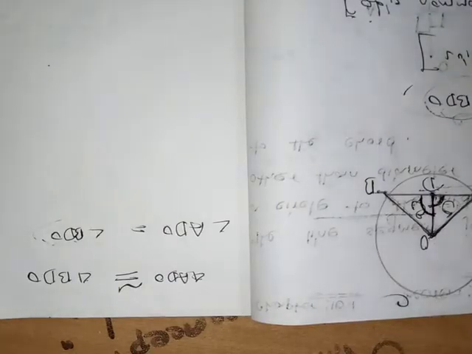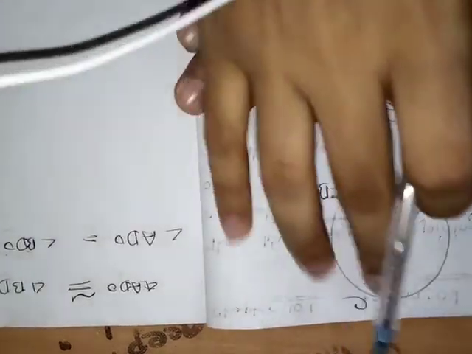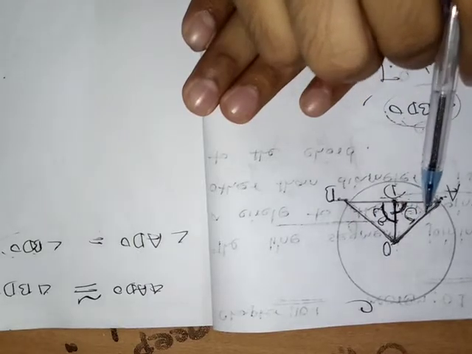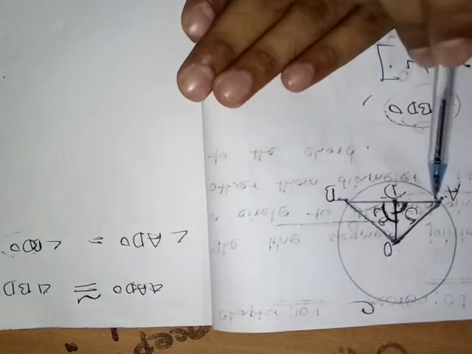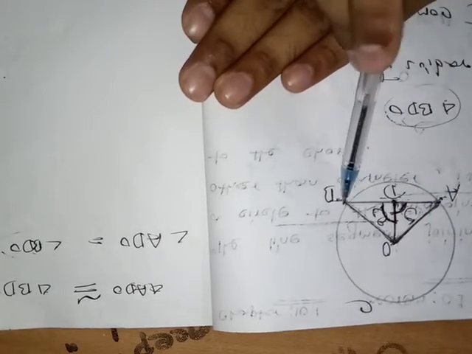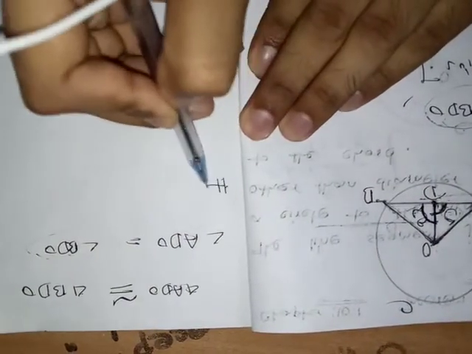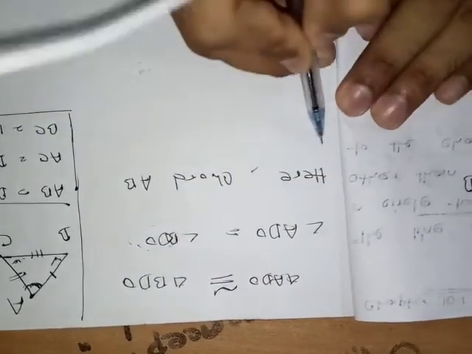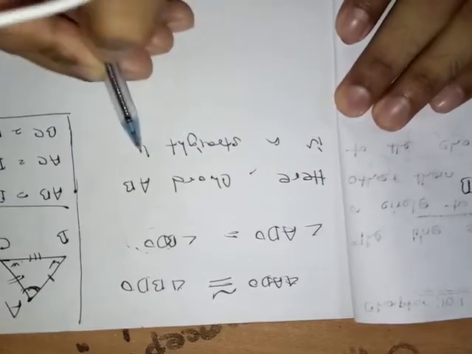Well, in our diagram we can see that chord AB is a straight line.